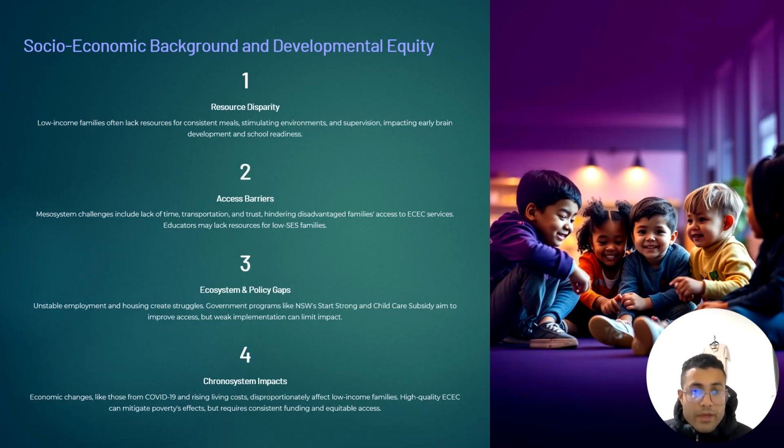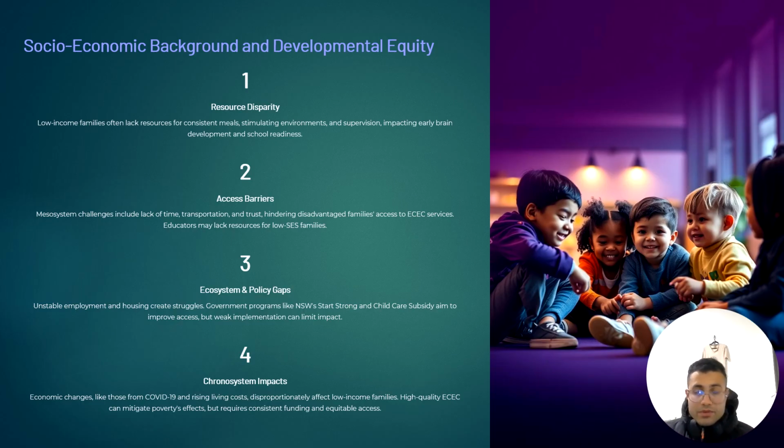Next, socioeconomic background and developmental equity. Resource disparity indicates that low-income families often lack the resources they need to provide for their children. Access barriers in the mesosystem include challenges such as lack of time, transportation, and trust.